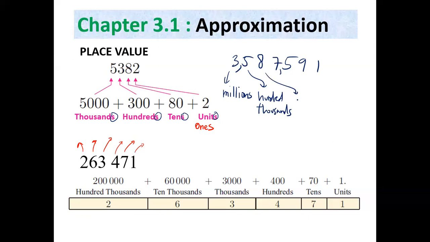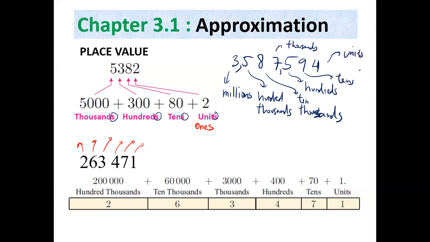Okay, 8 is 10,000s. Using S, 7 thousands. Okay, 5 hundreds, 9 tens, 1 unit. Okay, so this is how we try to understand place value. I will skip this because it's quite simple.